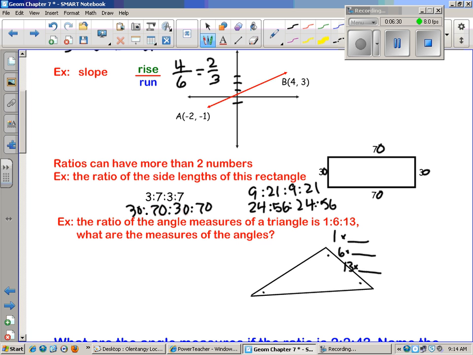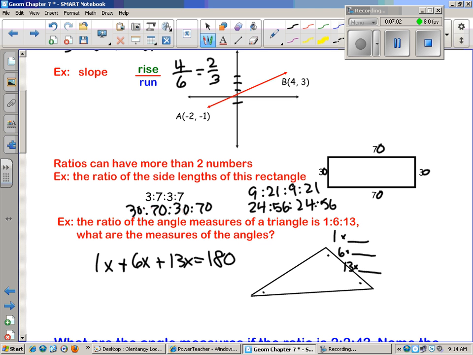Right. If I set up an equation, and since I don't know what that number is, I'm going to call it x. But I know that if I add all three of these angles together, not 3x, 6x. If I add all three of these numbers or angles together, I get 180. Okay? So rather than keep plugging in numbers and numbers and numbers and trying to find it, I'm going to solve for it.